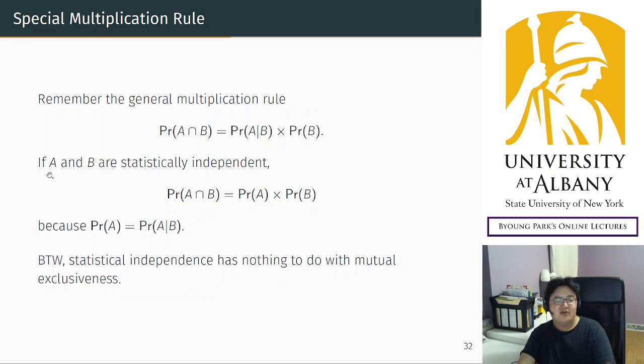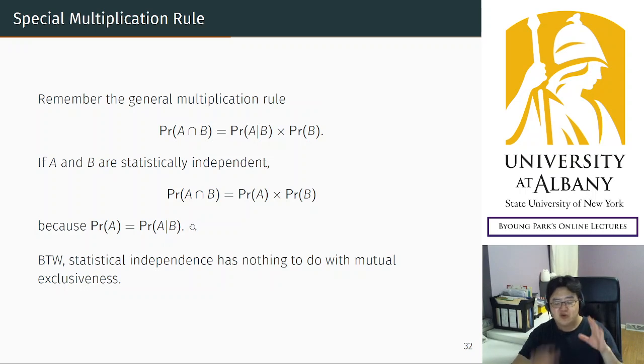So if you additionally assume that two events are statistically independent, then the probability of intersection is a simple multiplication of two probabilities because these are the same. This is the general rule. It holds in any case all the time, but the special rule is true only when they are the same. So they are the same if they are statistically independent.